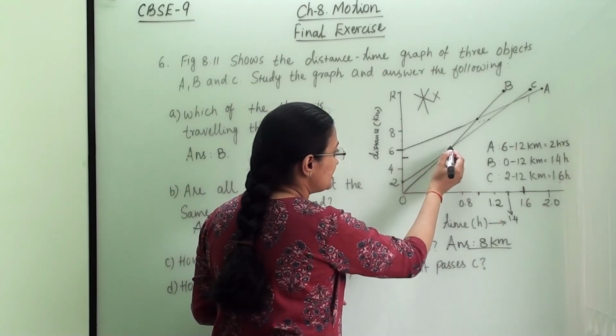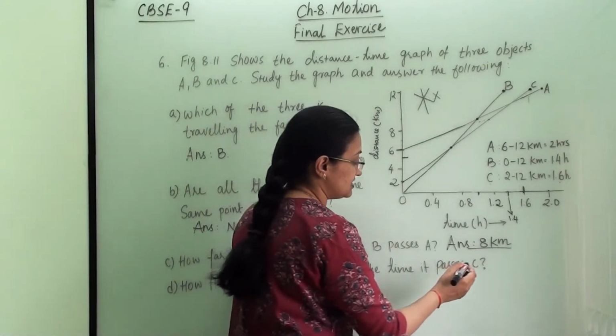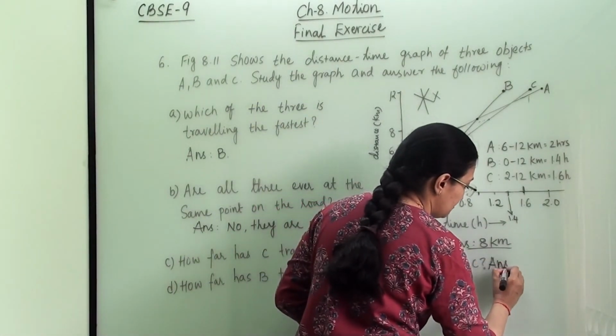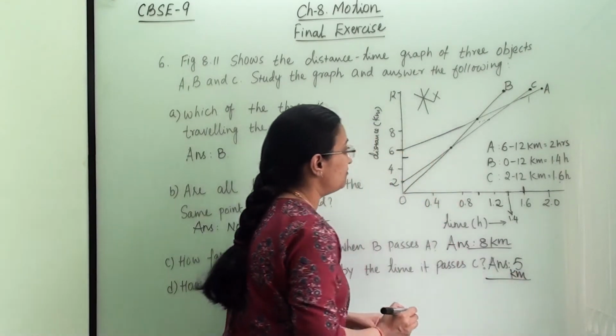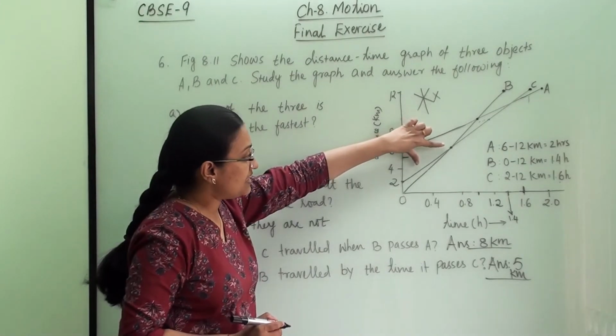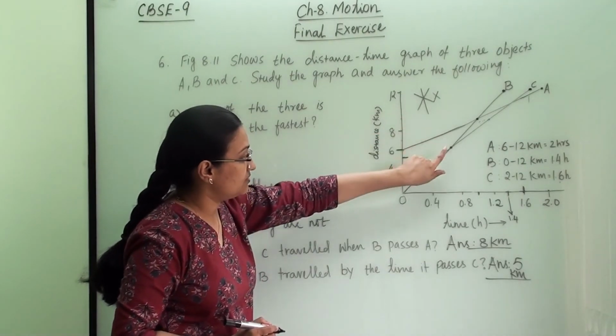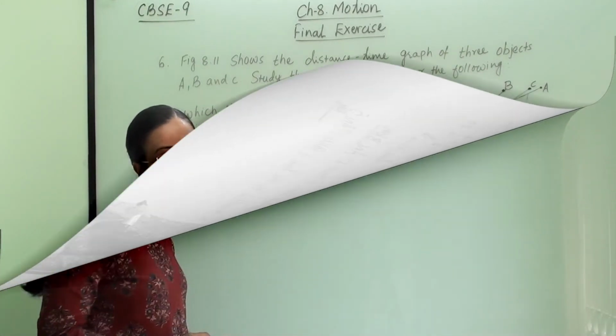So that is 5 kilometers. So when B and C are crossing each other, B has already travelled 5 kilometers.